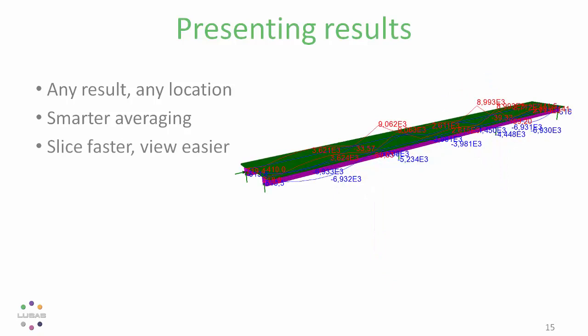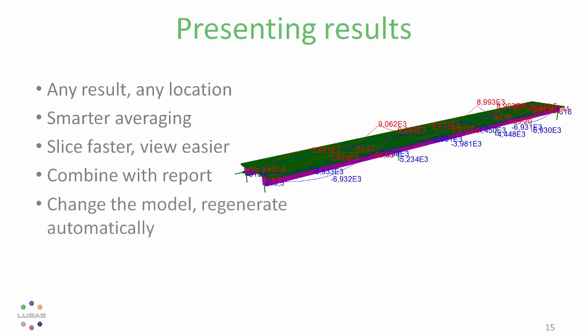Slicing is quicker. The viewing is easier as it gets superimposed directly onto your model view. And all of this information you can now combine directly with a report. And any changes to the model, you can regenerate that information directly, updating the report or the information on screen.